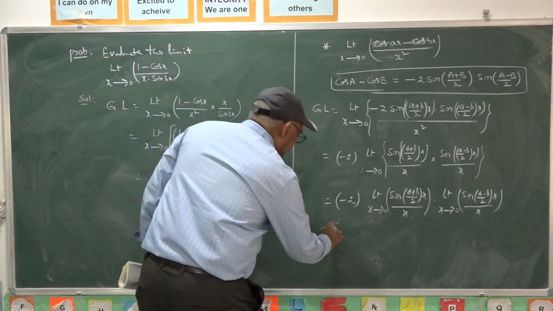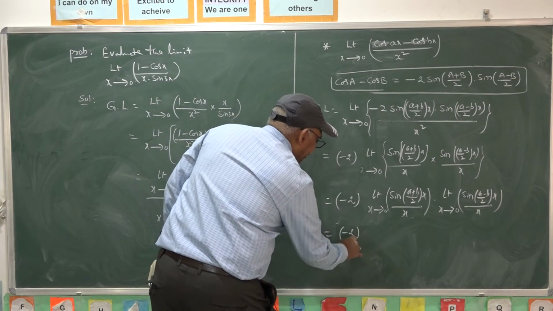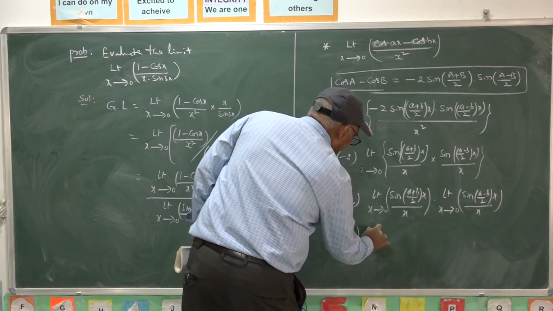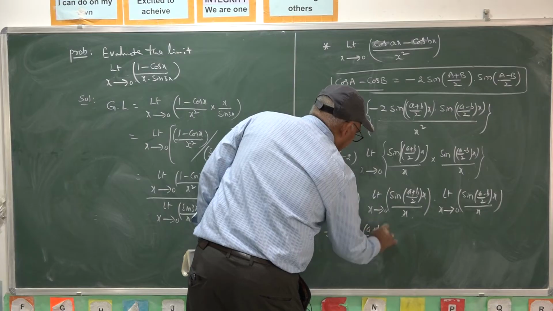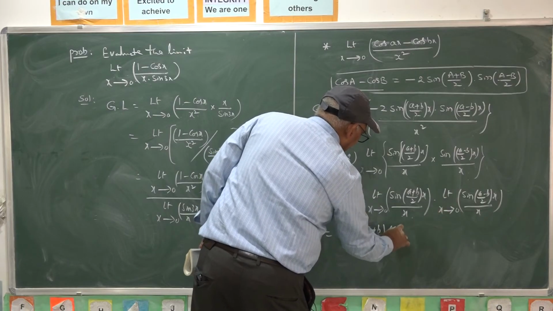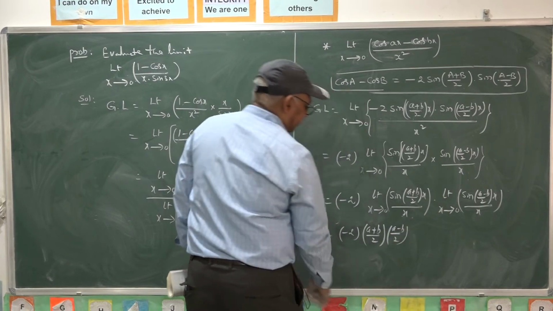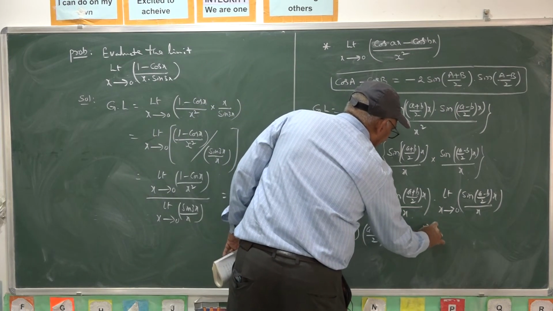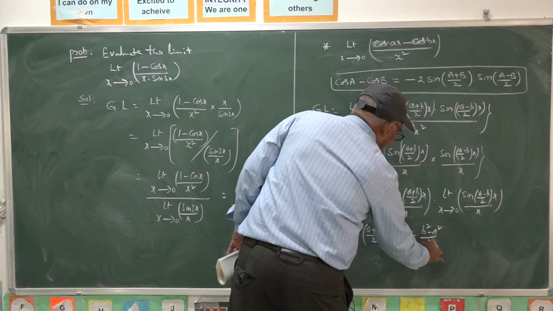It gives us minus 2 into, as x goes to 0, sin kx by x is k. Here the limit is a plus b by 2, into a minus b by 2. And the 2 gets cancelled, so we get b square minus a square by 2.